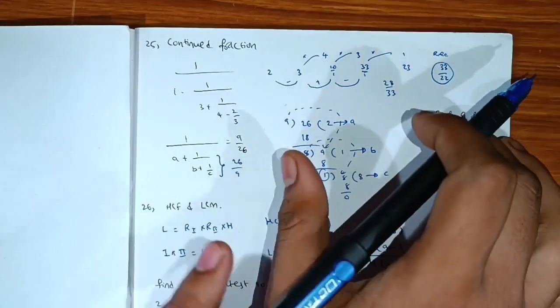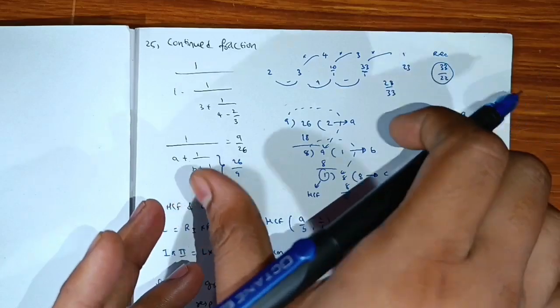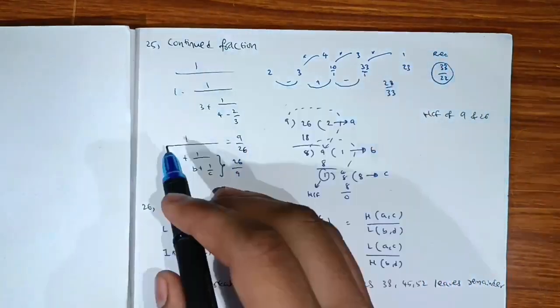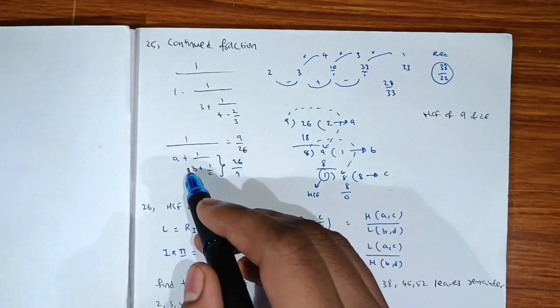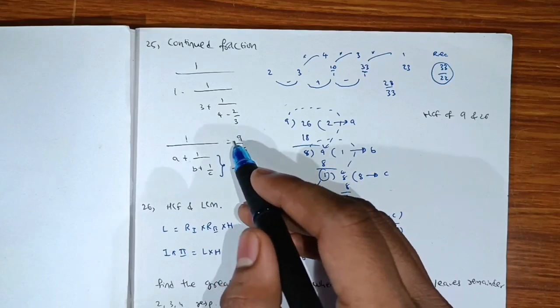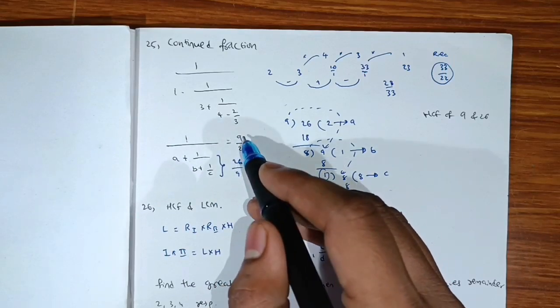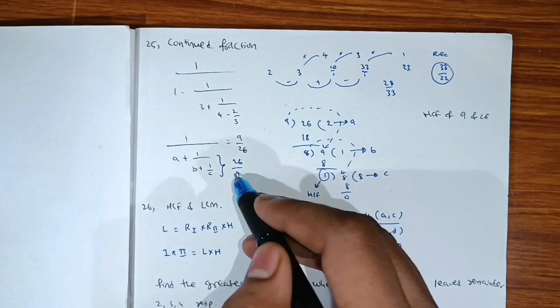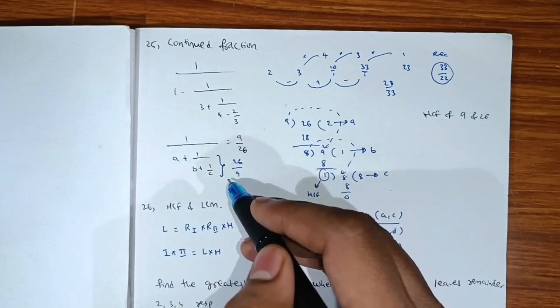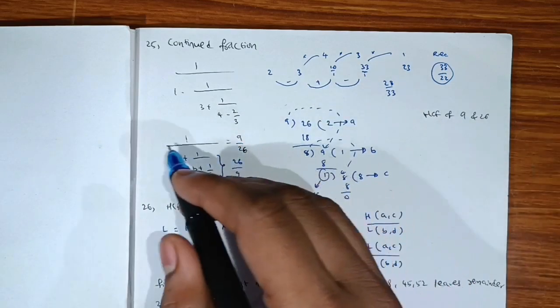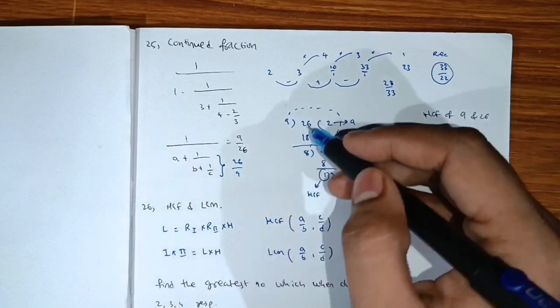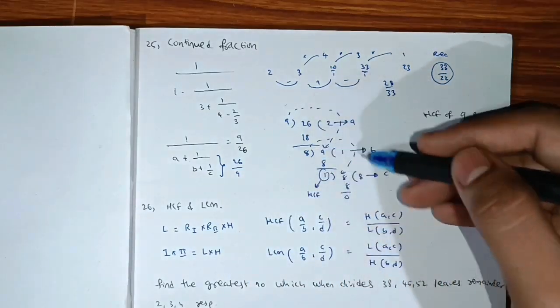So this is a trick we have discussed in a detailed manner in the video. If you need to find the variables like a, b, c, if the value is equal to this, then you need to take the reciprocal of this now. If you get this value like this, you need to take this type of division.